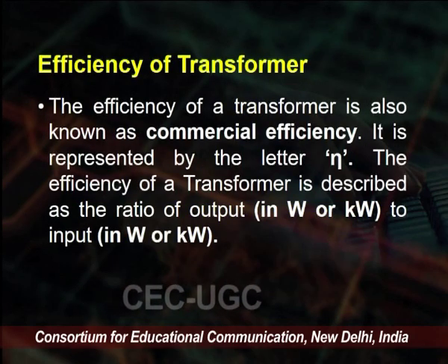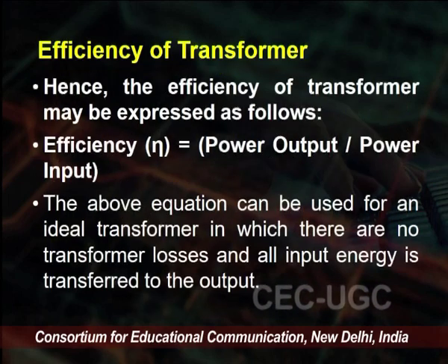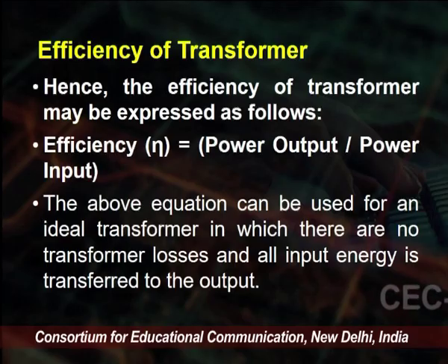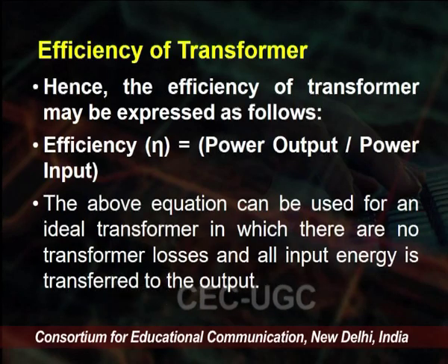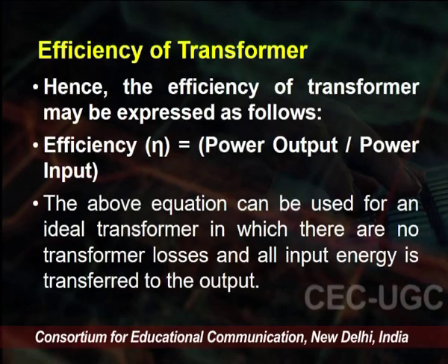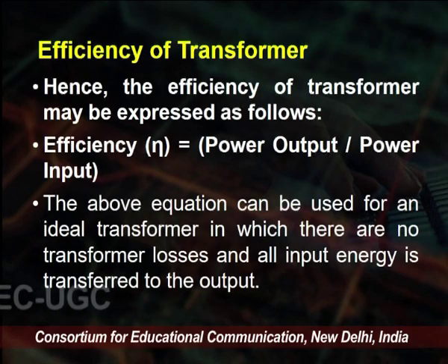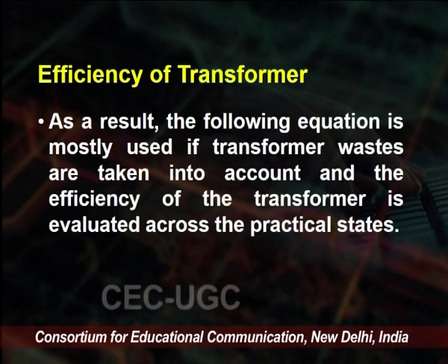So, we can define the efficiency in watts or kilowatts. The efficiency of a transformer is expressed as power output divided by power input. The above equation applies to an ideal transformer in which there are no transformer losses and all the input power is transferred to the output.